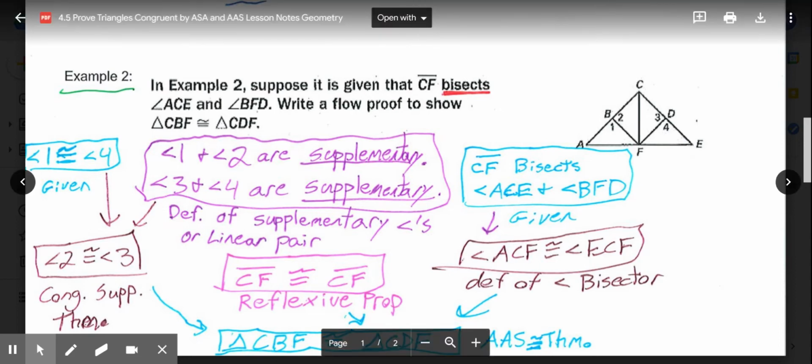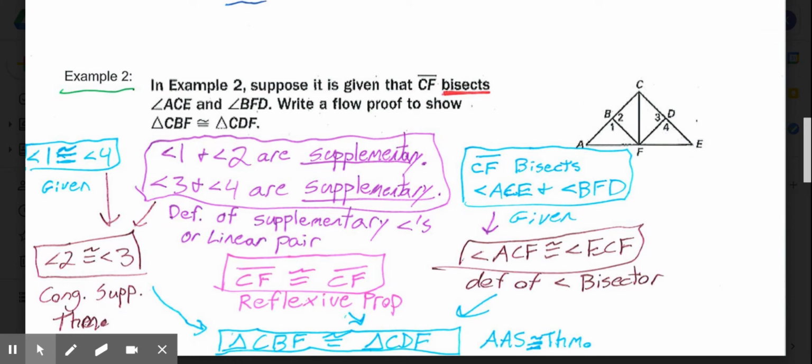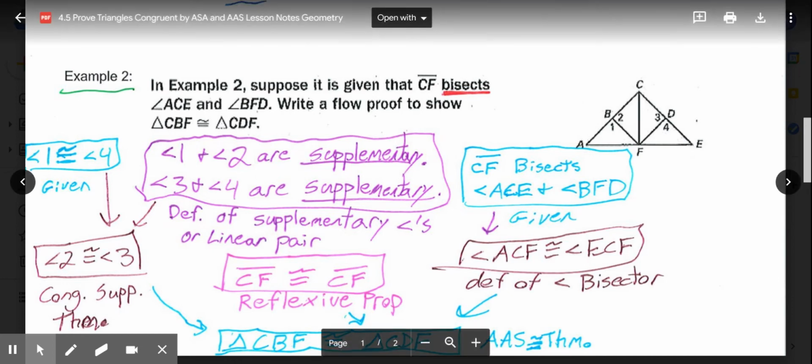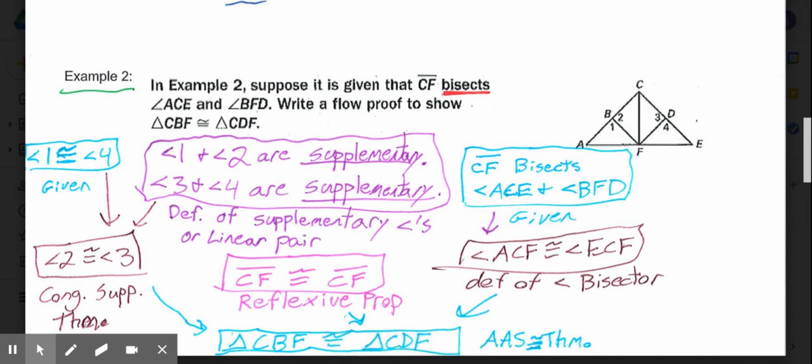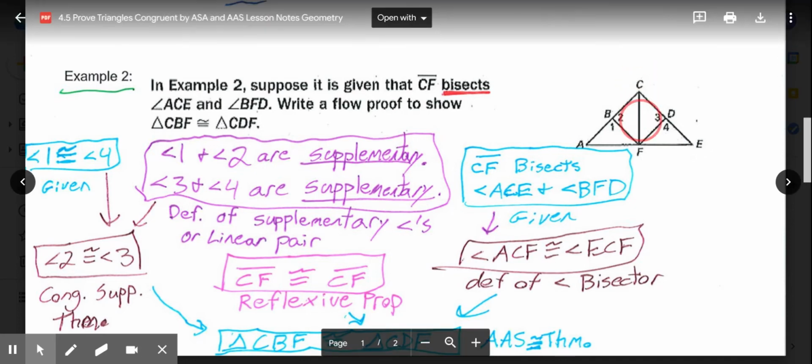So let's just look at what we know in this problem. If we knew CF is bisecting ACE and BFD, so CF here is bisecting angle ACE, and then angle BFD.